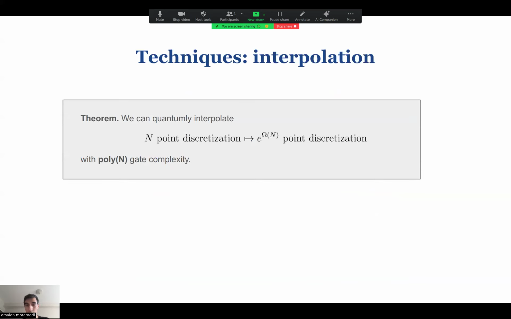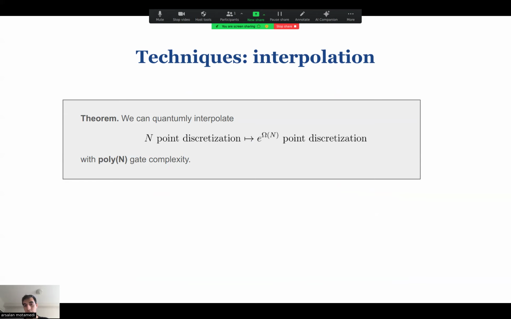Now, a main tool that we developed in order to solve our problem is the interpolation method, which says that if you have an n-point discretization, you can transform that into an exponentially many point discretization, only with a polynomial complexity.